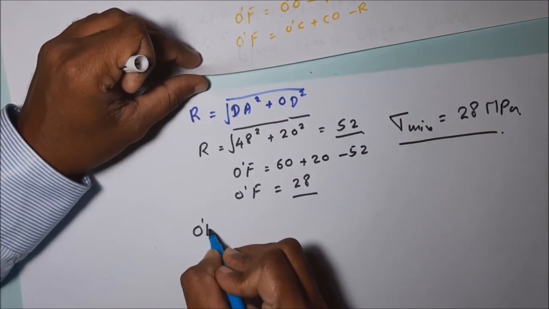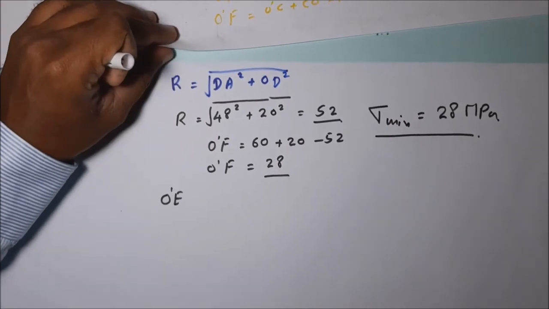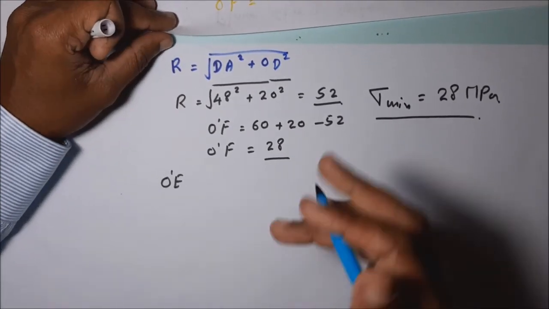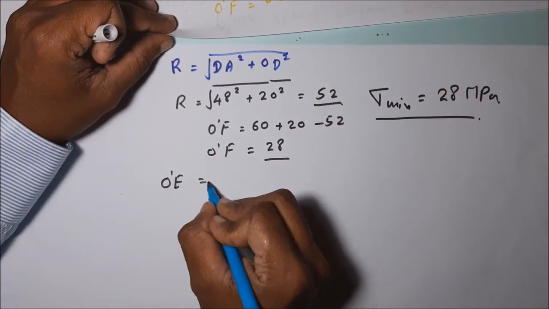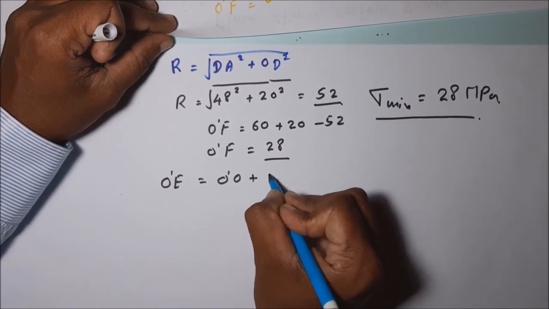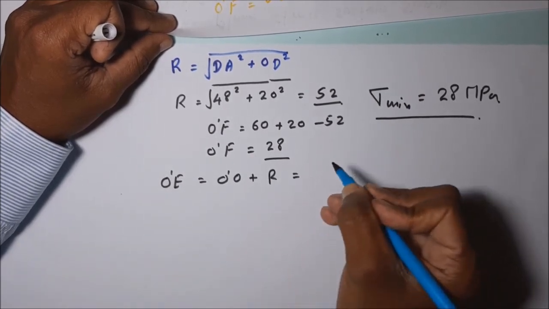Then what is the O dash E length? How to find the O dash E length? O dash E length is equal to O dash O plus R. What is O dash O?